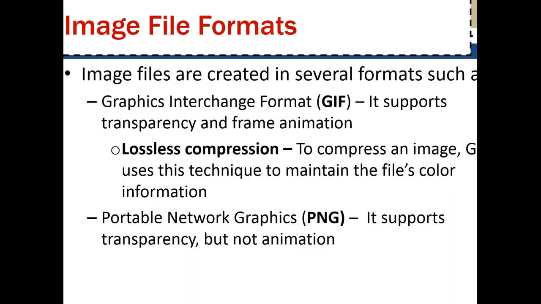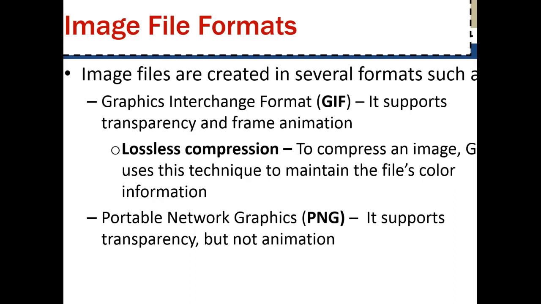And then we have the PNG, and we also have JPEG, SVG, and so on. GIF is one of the older formats, and as we said, you want to use it if you want to show transparency.